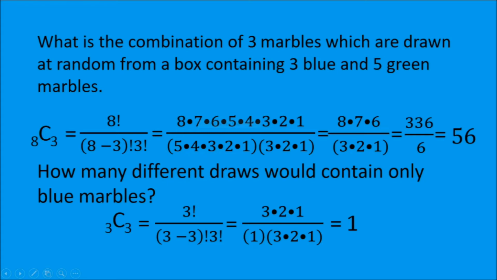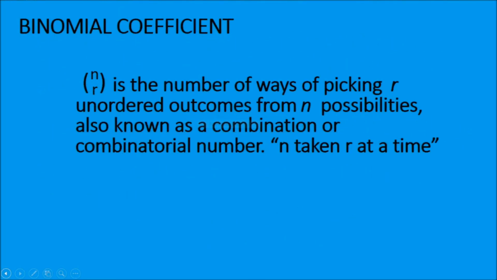So the combination of 3 objects is equal to 3 factorial over the difference of 3 and 3 factorial multiplied by 3 factorial. 3 factorial is equal to 6 over the difference of 3 factorial and multiplied by 3 factorial is equal to 6, which is equal to 1. So we conclude that when n is equal to r, the combination is always 1.